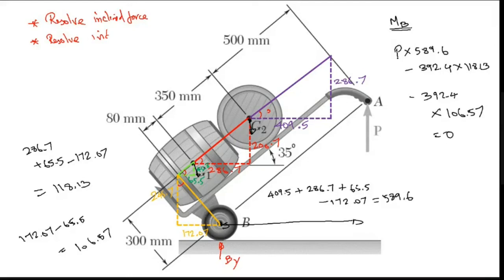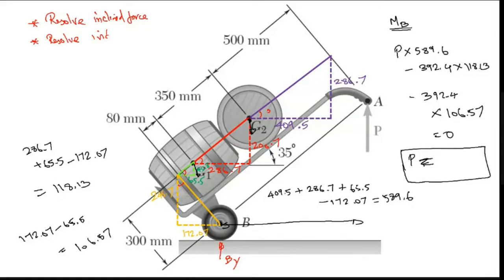Now I have only one unknown force, P. Just substitute and you can get the value of P. There are some problems which look easy but are a little complicated.